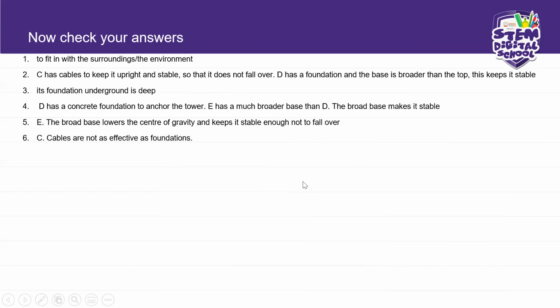Okay. The first question is, why does that cell phone tower, the first one, look like a tree? To fit in with the surroundings in the environment. Remember, sometimes technological developments can come in to spoil the look of the environment.